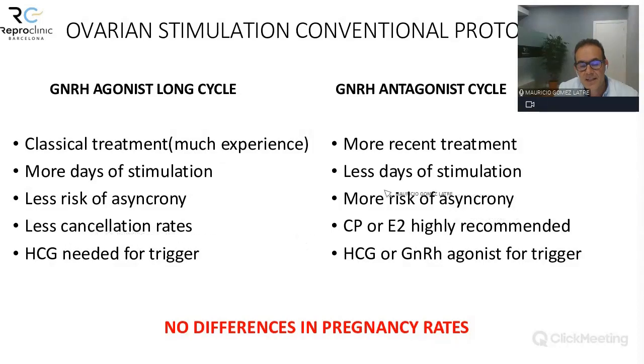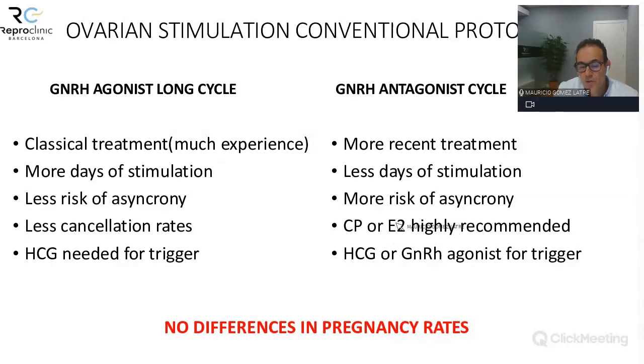With the antagonist cycle, fewer days of medication are needed, but there is higher risk of asynchrony that can be improved, as I told before, with the addition of contraceptive pills or estrogens. And the final triggering can be done with two different medications. I haven't talked about the risk of ovarian hyperstimulation syndrome because in PORs, as you can imagine, it's anecdotic.